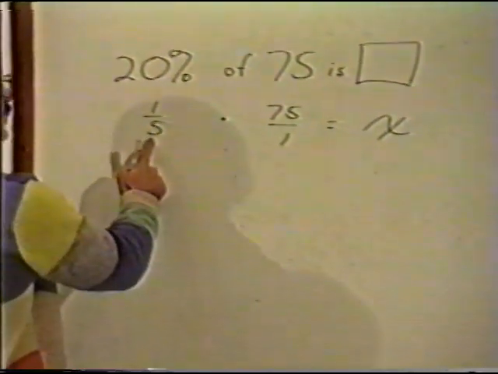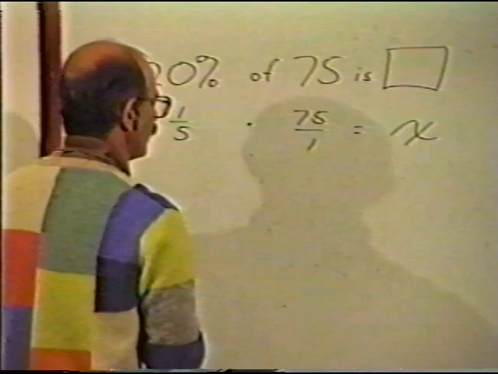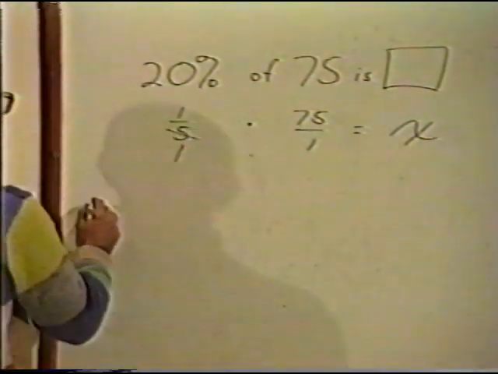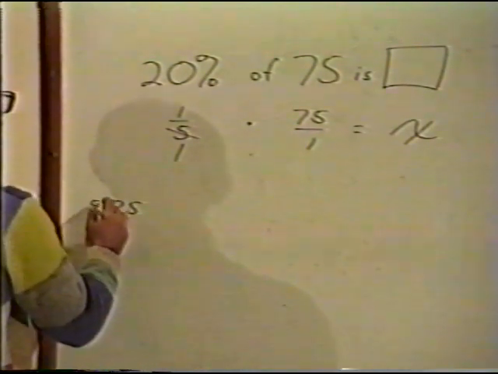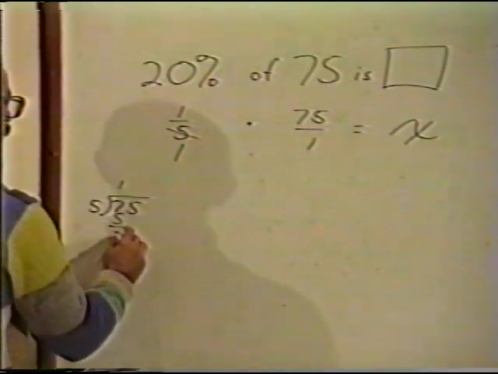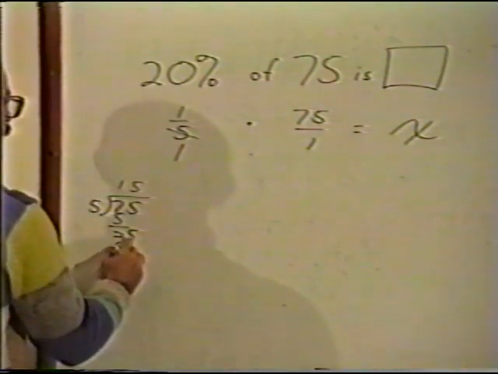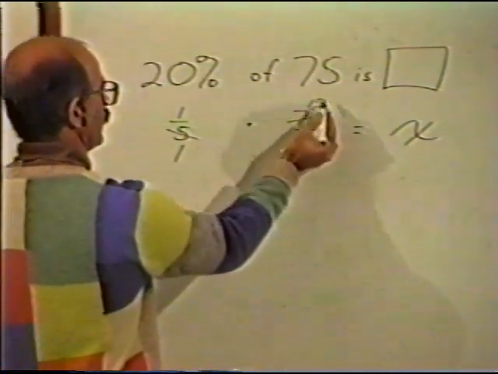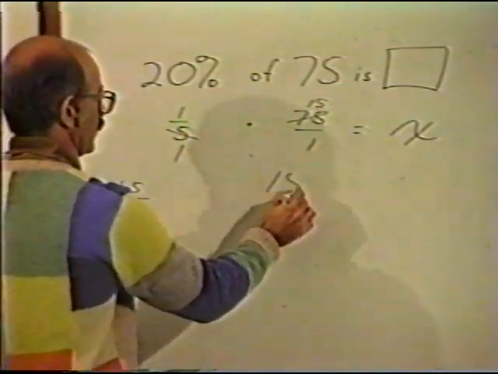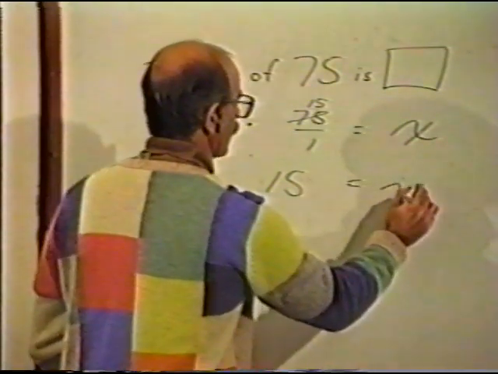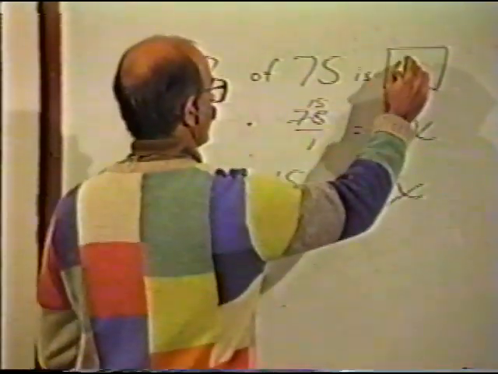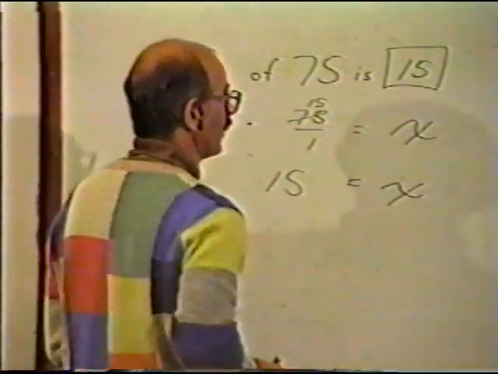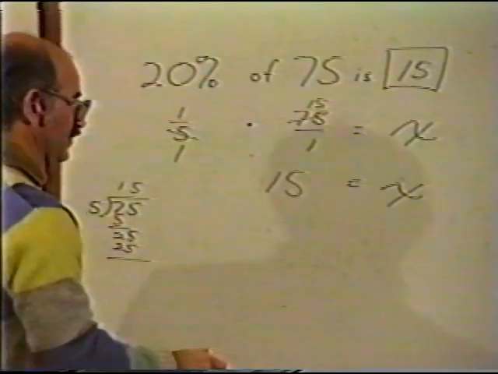Can I cancel the 5 with the 75? Yes. 5 into 5 is 1. 5 into 75 comes out to be 15. 1 times 15 is 15, which equals x. The answer is 15. 20% of 75 is 15.